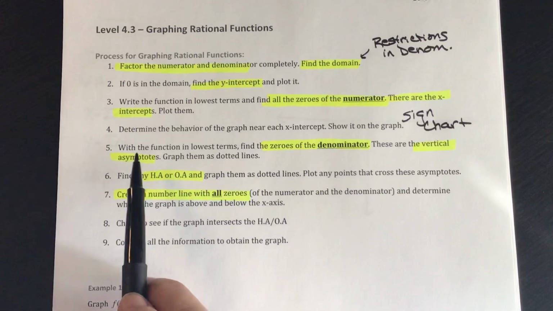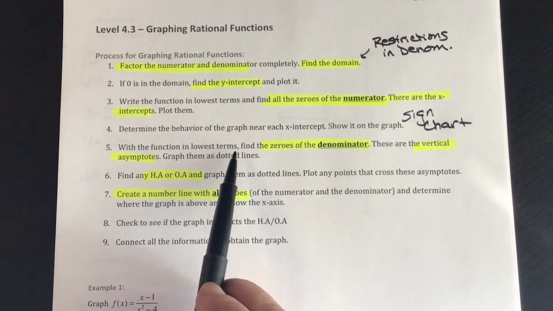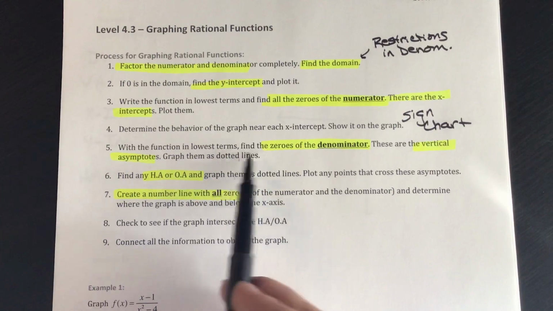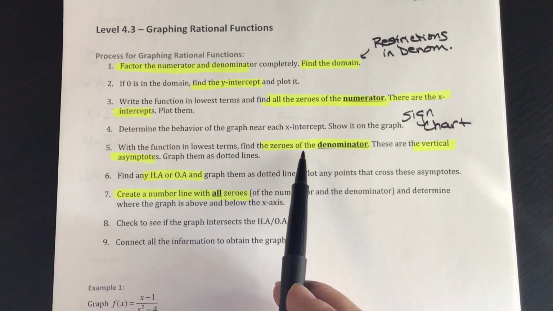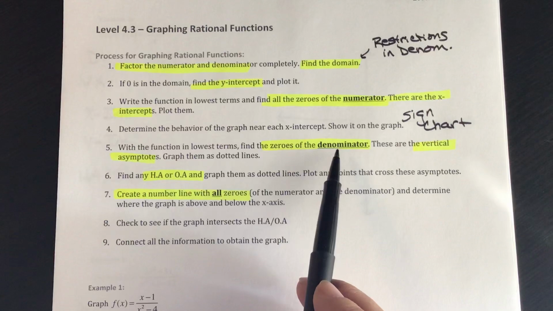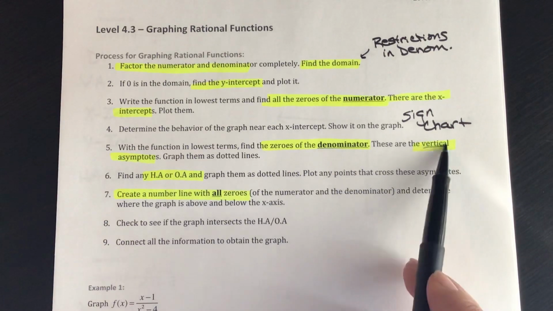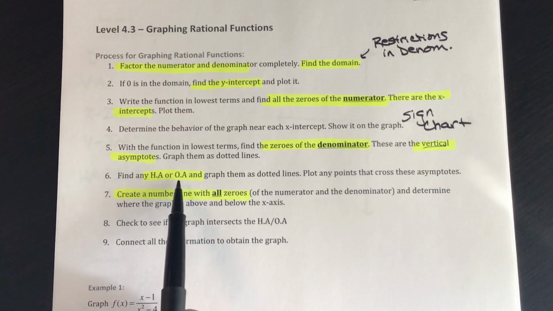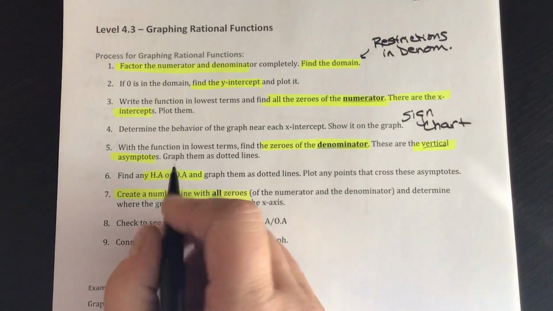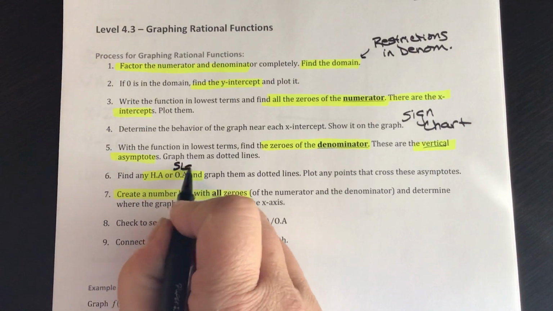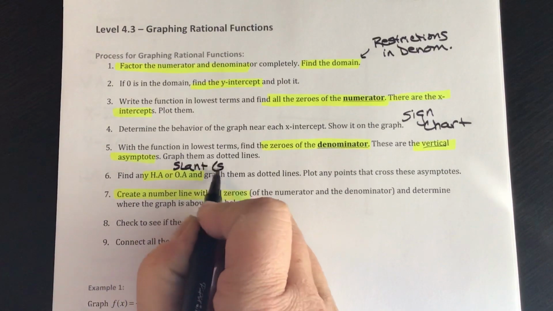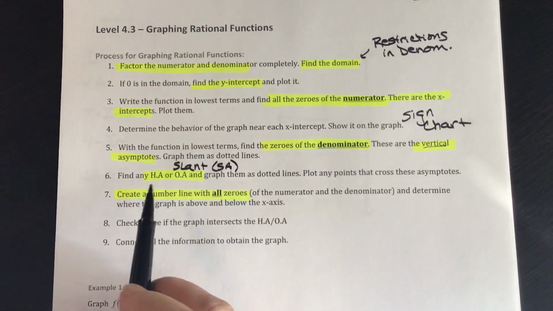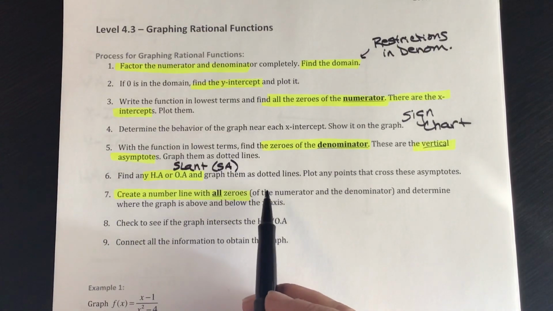And then if our function is in lowest terms, and we're going to look at examples when it's not, we're going to look for the zeros in the denominator, and this is going to tell us our vertical asymptotes. Then we'll identify any horizontal or oblique asymptotes, and remember we call these slant asymptotes, or SA, and we're going to plot those.